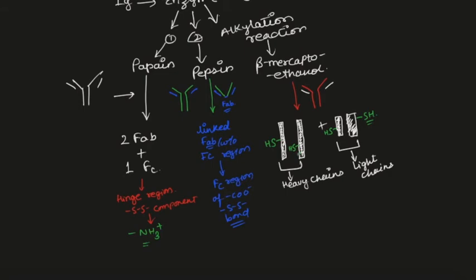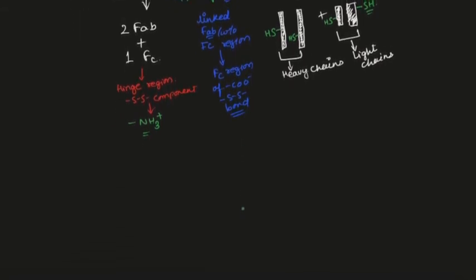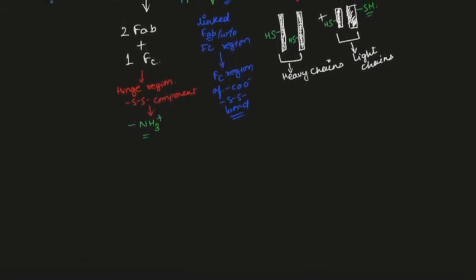Apart from that, let's talk about the various functions. The very first function of any immunoglobulin is opsonization. Now what is opsonization?